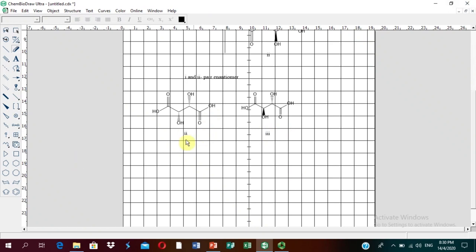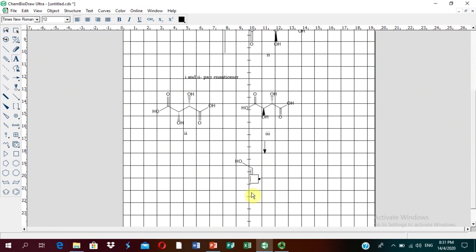Okay. If you try to rotate structure number 3 in order to get the same direction as this one, COOH, because this is up, this is down, so just rotate here, you'll get carboxylic acid on this side.